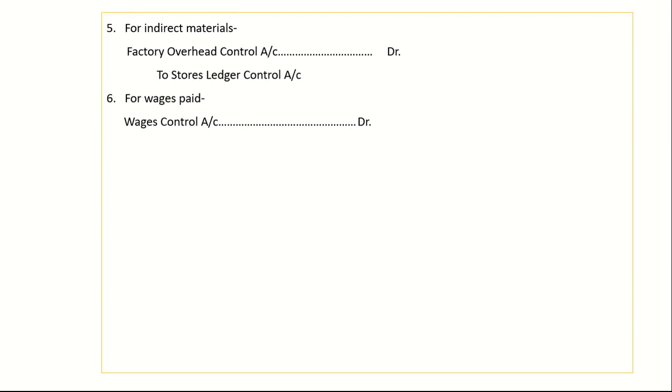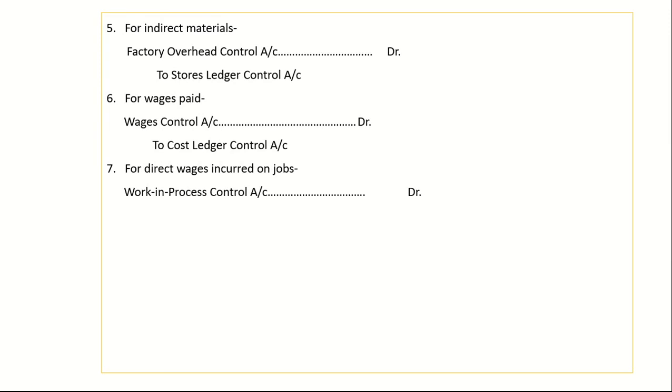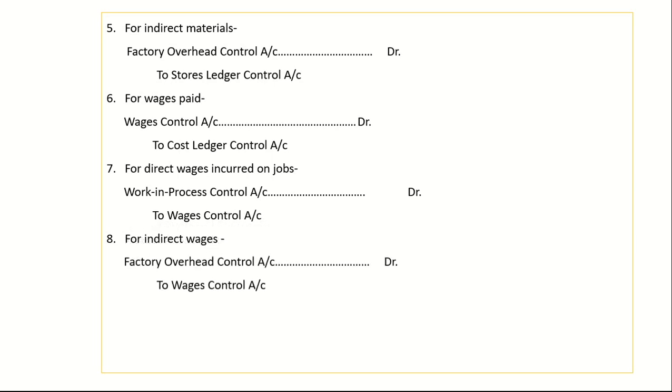Wages control account, debit. To cost ledger control account. 7. For direct wages incurred on jobs. Work in process control account, debit. To wages control account. 8. For indirect wages. Factory overhead control account, debit. To wages control account.